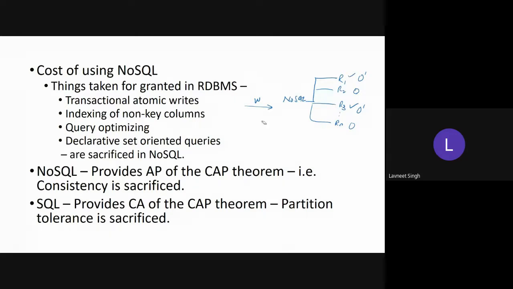So if this write is, let's say, updating the price of an object to 100 from 80, this becomes 100, this is 80, this is 100, this is 80. So when I read it, it might still return 80.